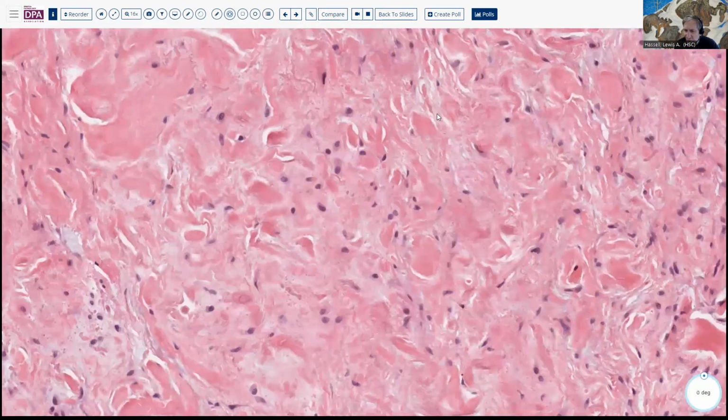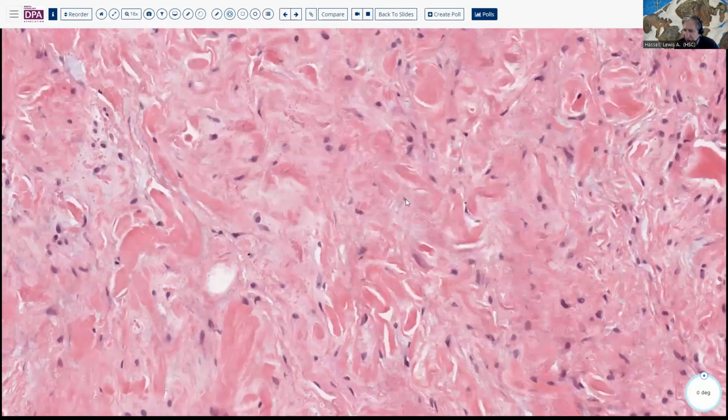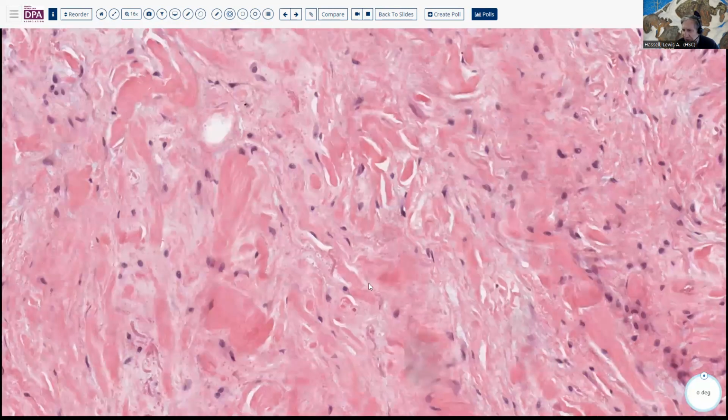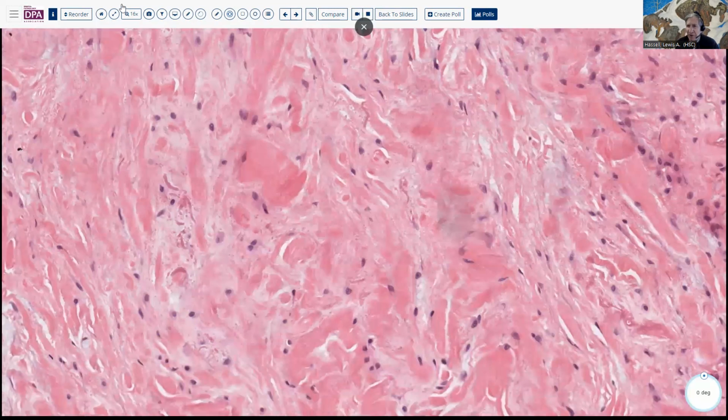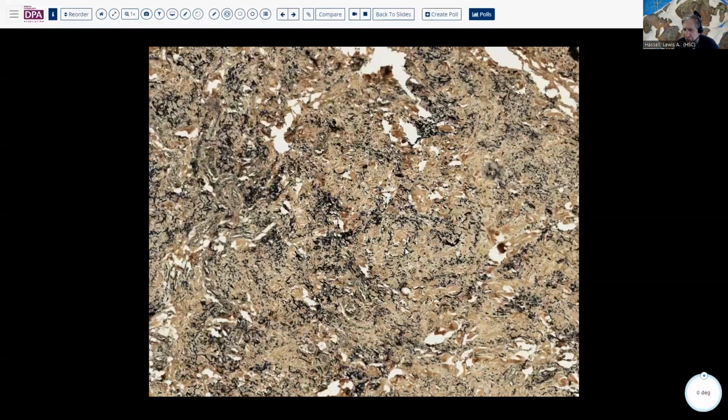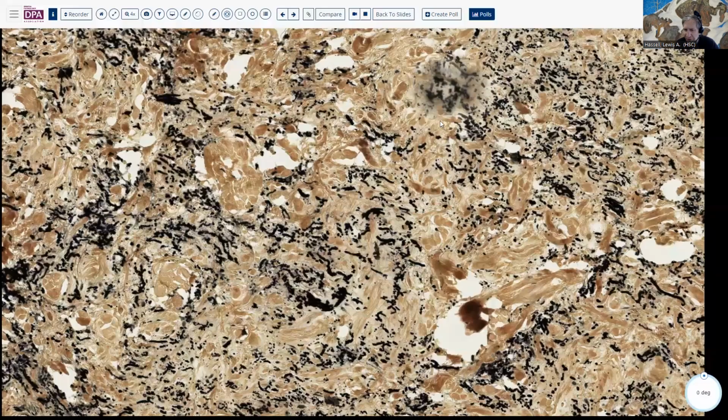They just require that you know to recognize that they're there and assess them for what they are. Of course, it's nice to have the confirming stain, and I've given you a nice slide of that here to include in your ability to examine or think about these lesions.